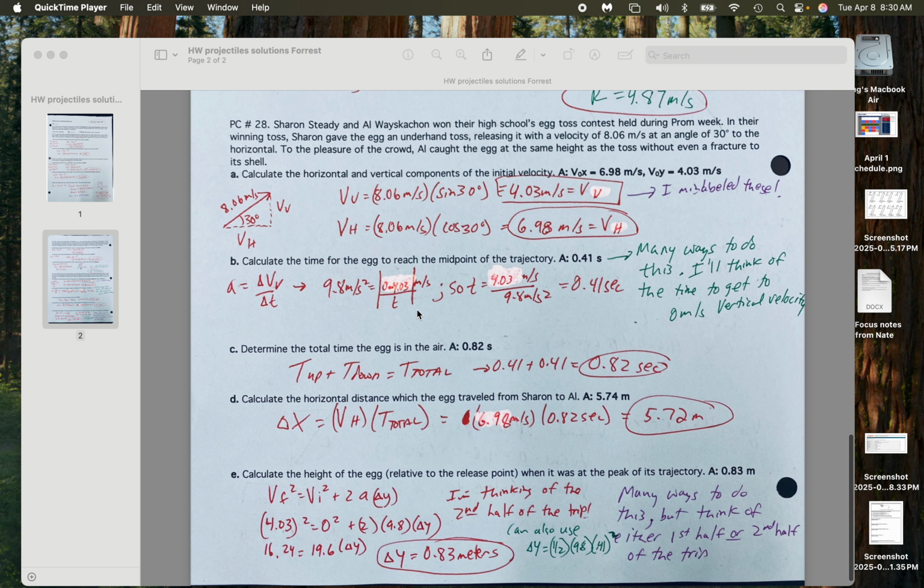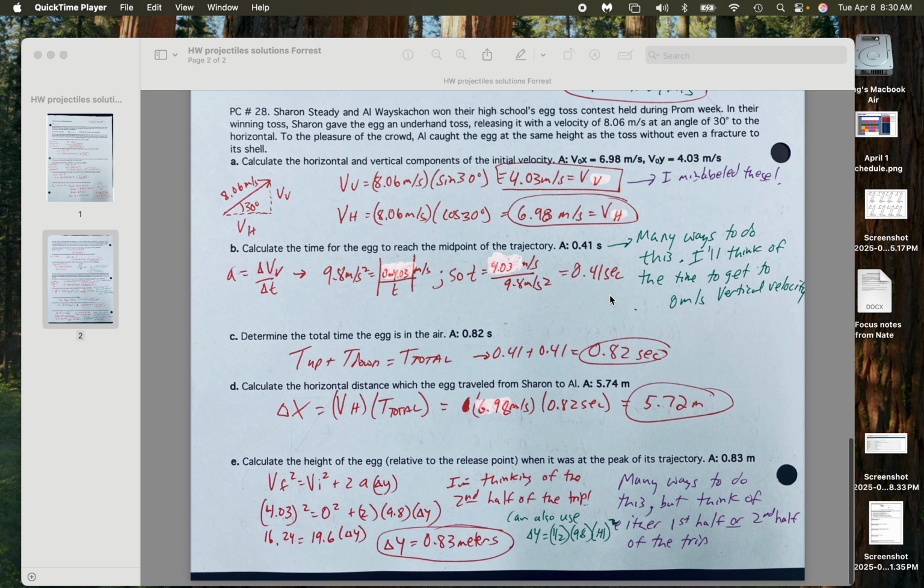Using the absolute value there because we can't have negative time. Otherwise, I would have to put this as a negative, whatever. Anyhow, you could think the first or second half of the trip. So basically, that change in vertical velocity is 4.03 because at the tippy top, there is no vertical velocity. So that's 0.41 seconds.